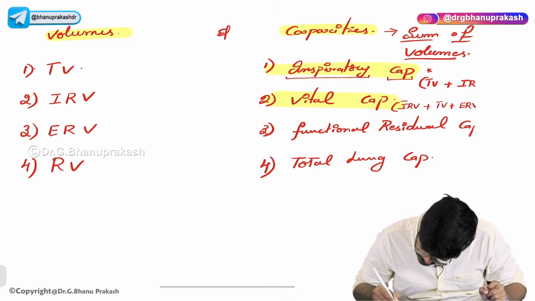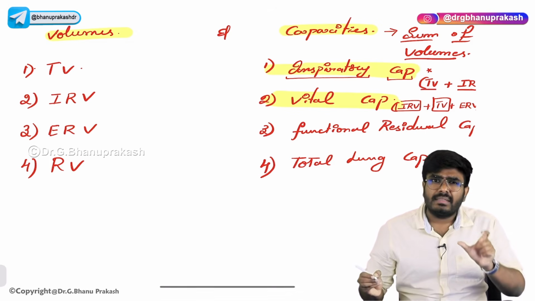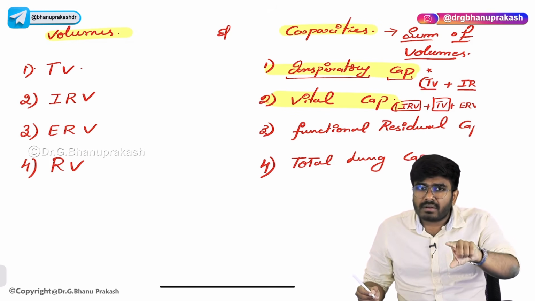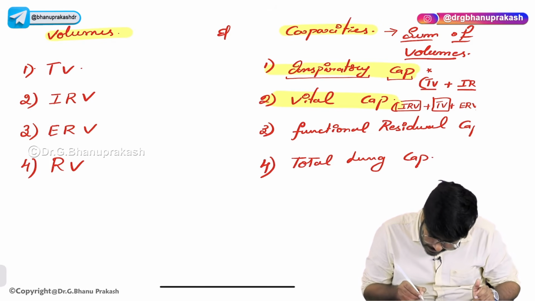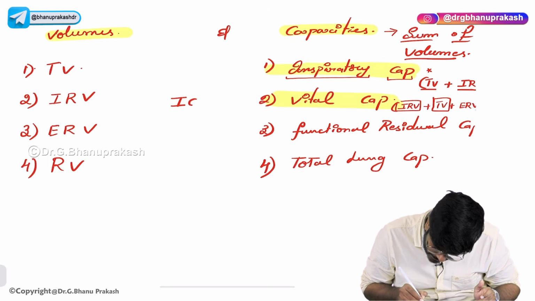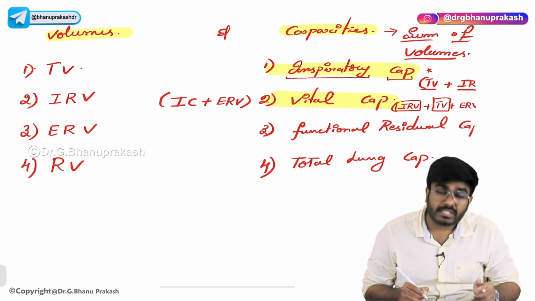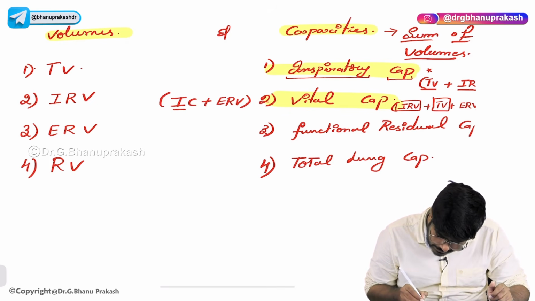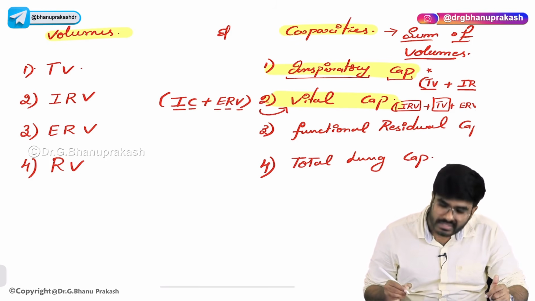The sum of inspiratory reserve volume and tidal volume is nothing but inspiratory capacity. So we can say inspiratory capacity plus expiratory reserve volume, not residual volume, reserve volume, can also give you vital capacity.